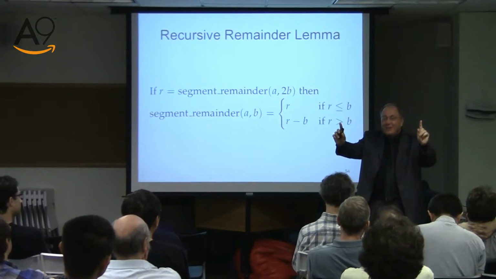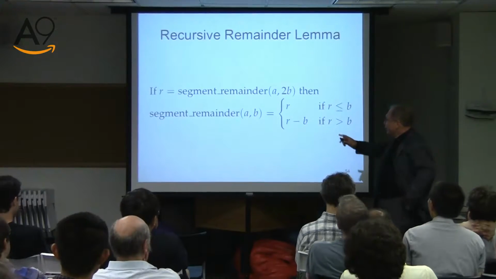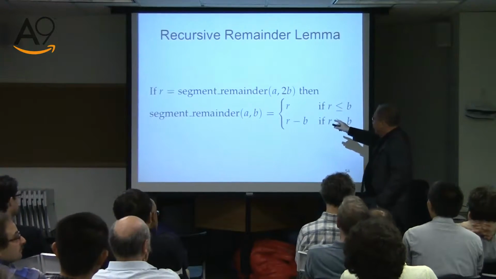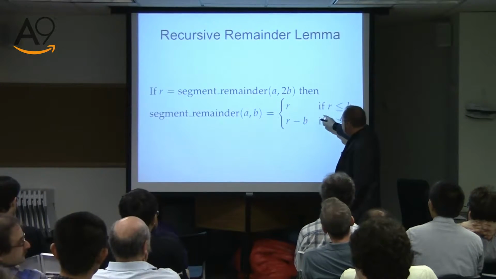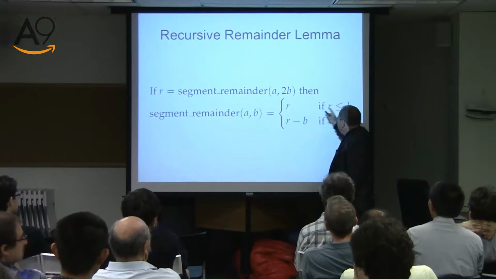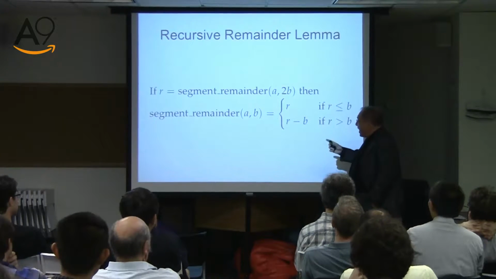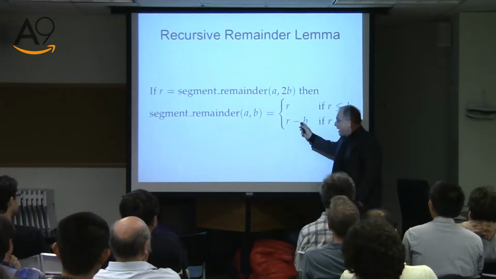Greek remainder works from 1 to n. Why? Because they didn't have 0. They had to shift the remainder. So first, we will do it their way, then we will go through many, many centuries and do it differently. So first we start with the Greek way. So we say that the segment is equal to r if it's less than b. Otherwise, it's just equal to r minus b.